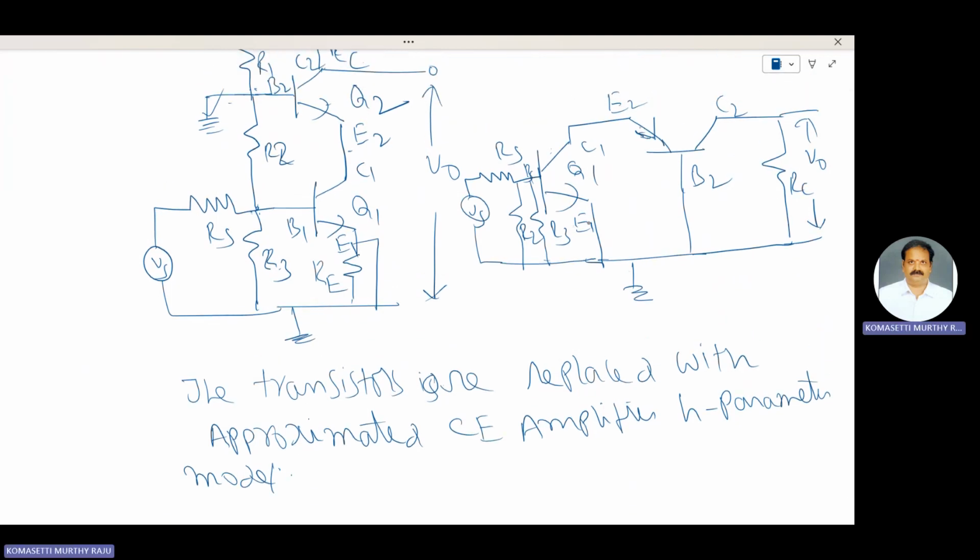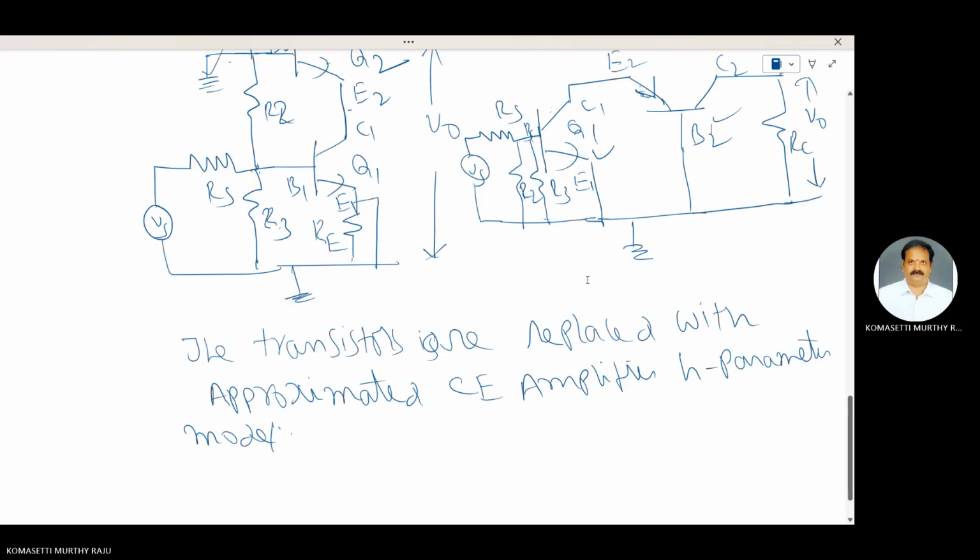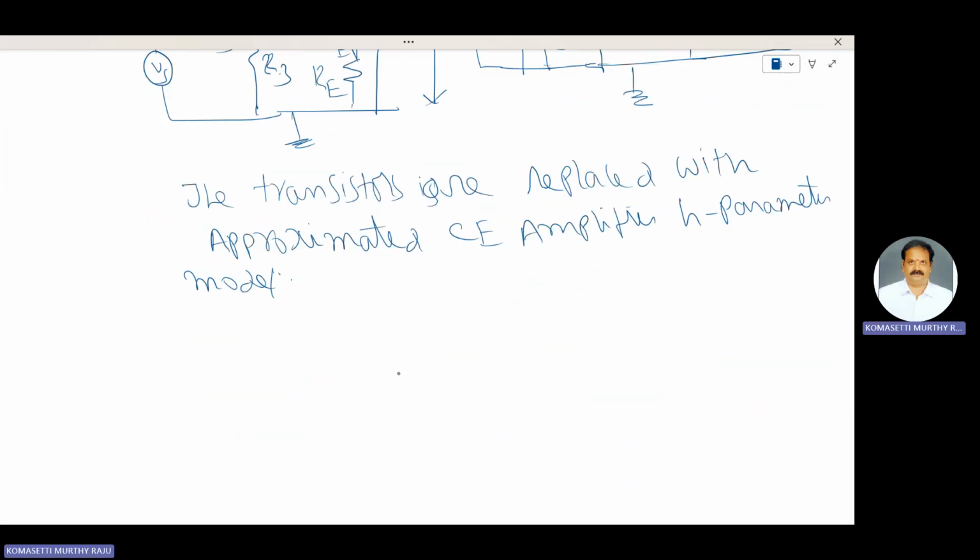This one is a CE configuration. This one is CB configuration. The approximated H parameter model is like that here. Only two H parameters are involved.